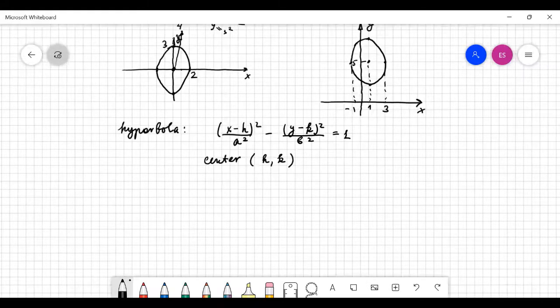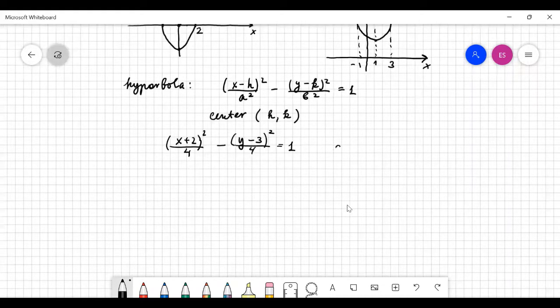Well, let's consider maybe an equation like this for the hyperbola: x plus 2 squared over 4 plus, not plus, minus, let me make a square better, it doesn't look like a normal square, y minus 3 squared over 4 equals 1.